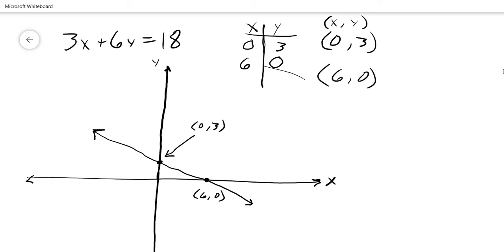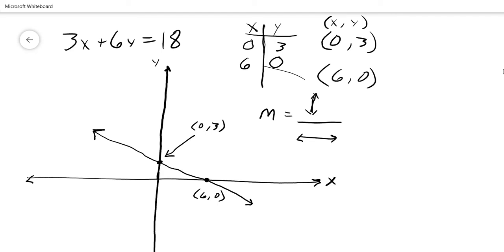Okay, let's see. Now, slope, they use the letter M to stand for slope. And like I said, all that means is a ratio of up-down movement over left-right movement, and it is how you get from one point to another point without using diagonal movement.